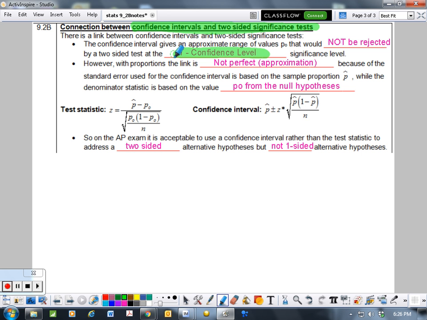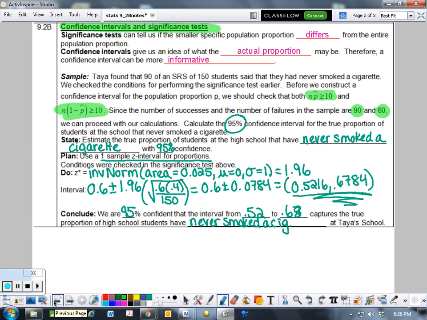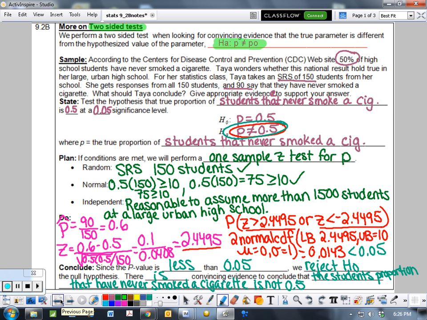Now, keep in mind that these are not perfect relationships, because as we look back at how we calculate our standard deviation here versus calculating our standard deviation here, there are some slight differences.